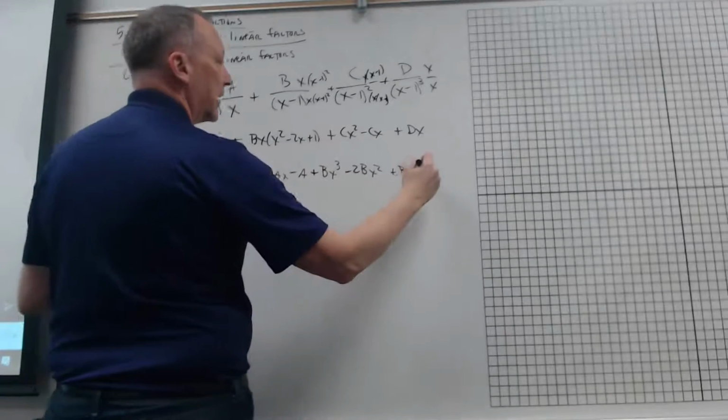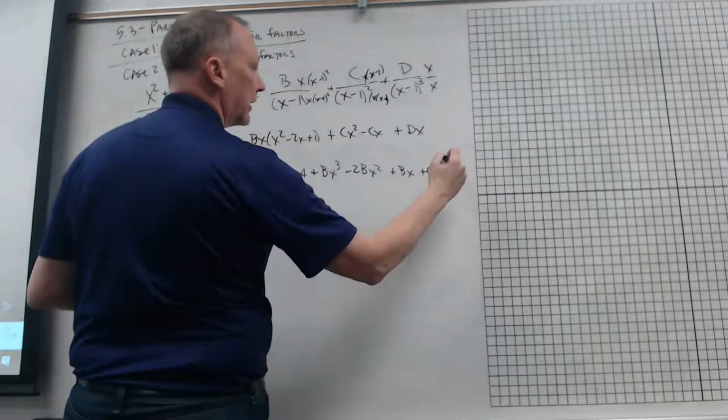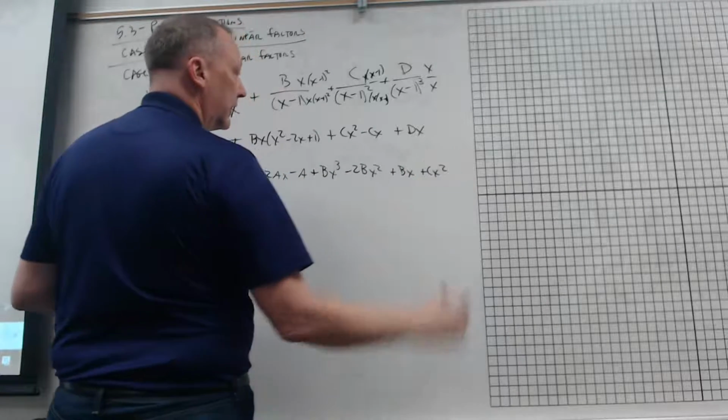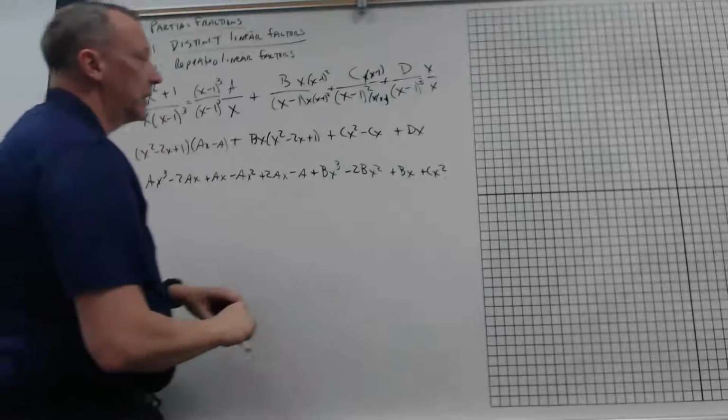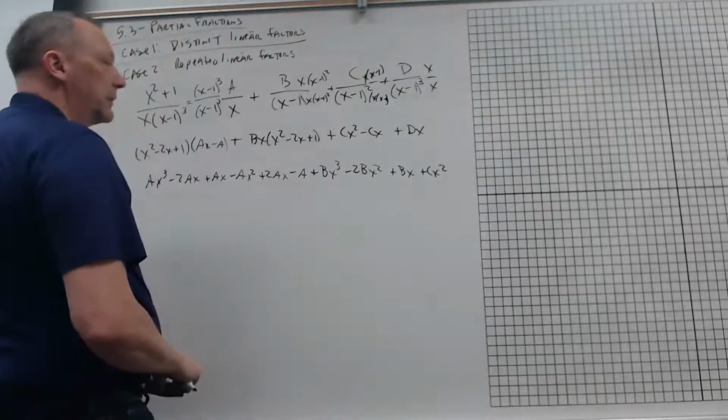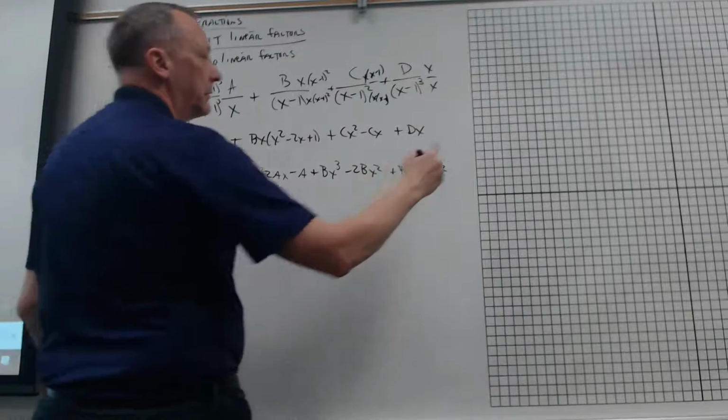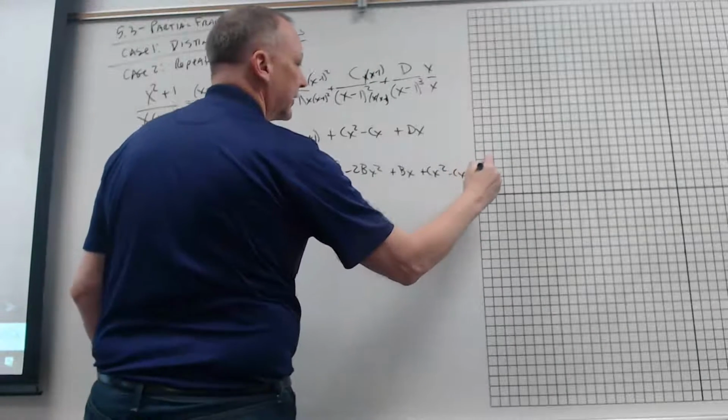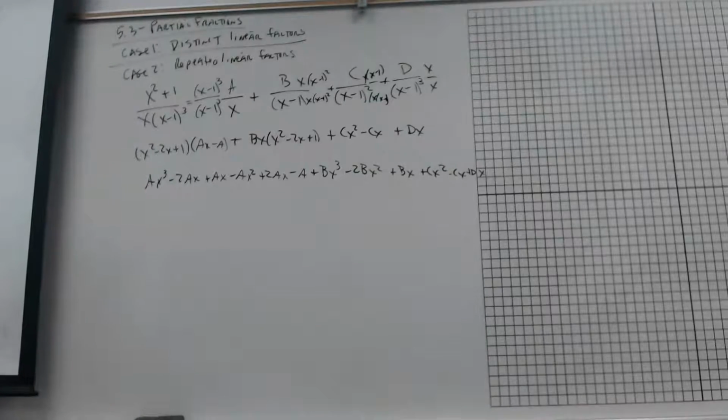And then plus cx squared minus cx plus dx, okay? I should have done this in a different way, but this was fine.